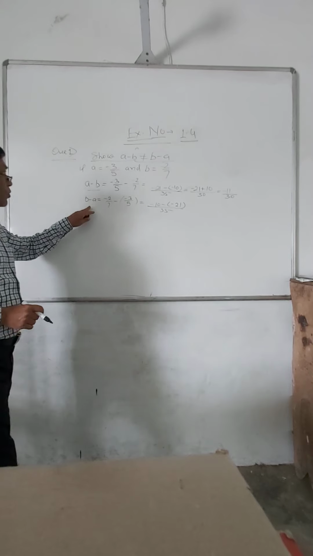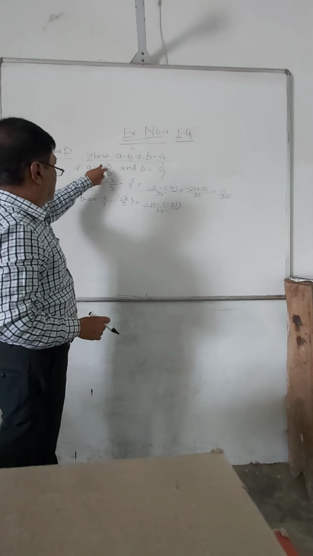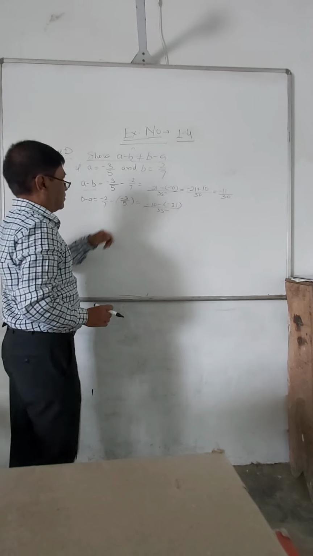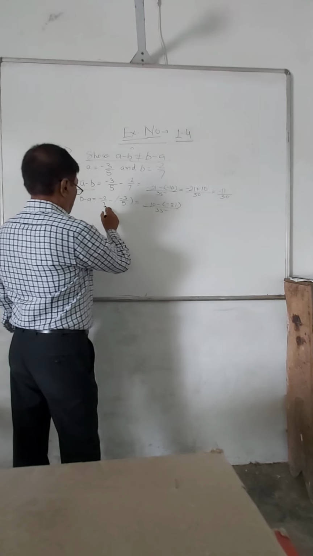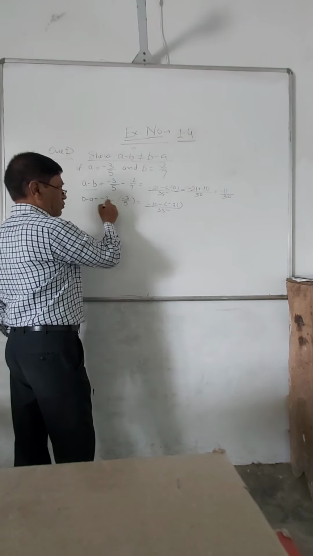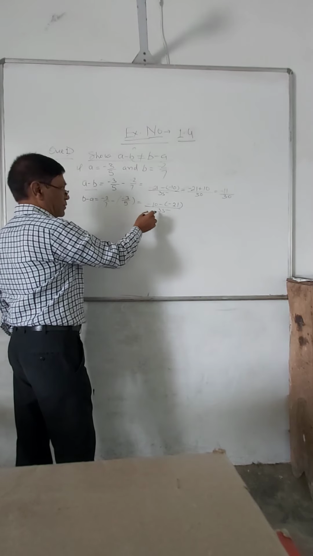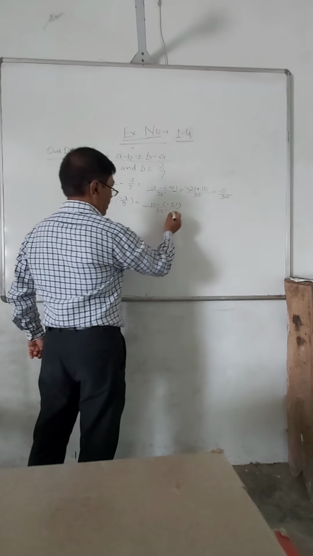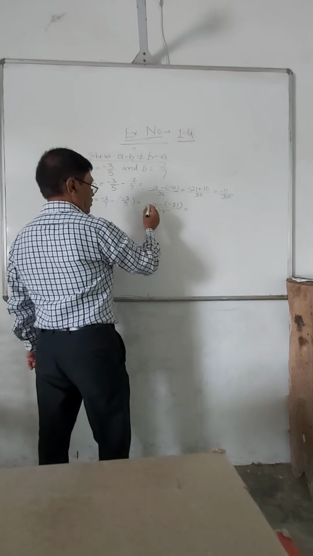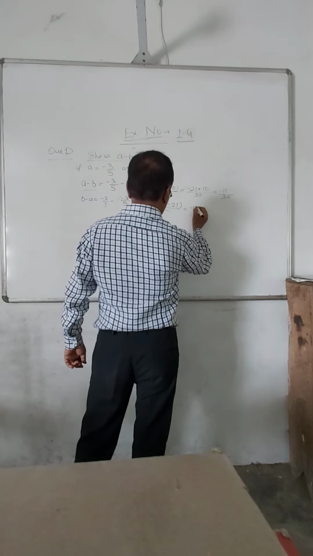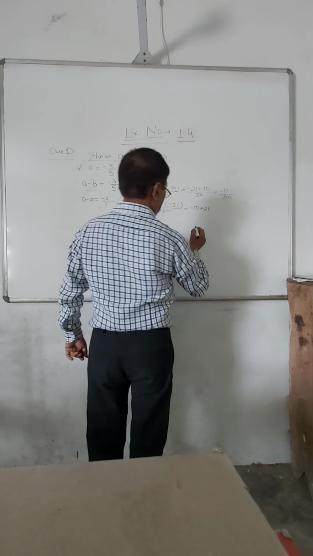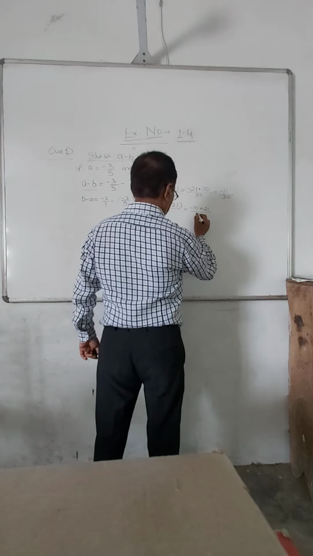So both numbers here are negative, so minus 10 minus 21, upon 35.